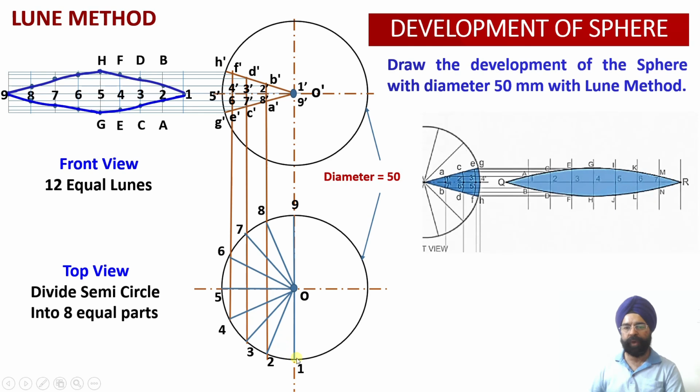As you progress from 1 and 9 towards 5, the width of the lune will be increasing. From 5 to 9, once again the width of the lune will be reducing, right? So this way we have been able to obtain the development of a sphere using the Lune method, and once again this is an approximation method.